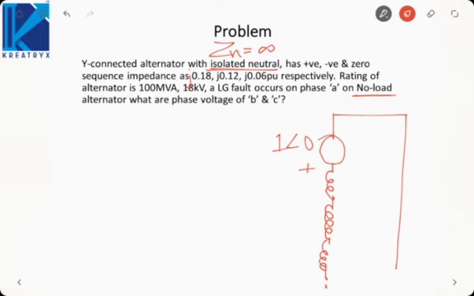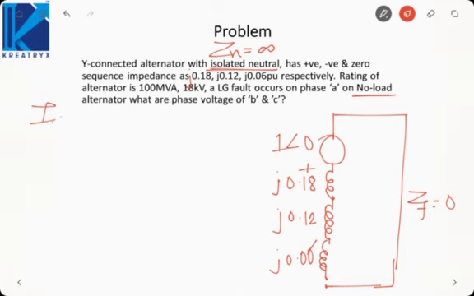And since ZF is not given, I will take it to be 0. So this is j0.18, j0.12, j0.06. Okay, this is open circuited here because Zn is infinite. Now here, since it is open circuited, all the sequence currents will be 0.